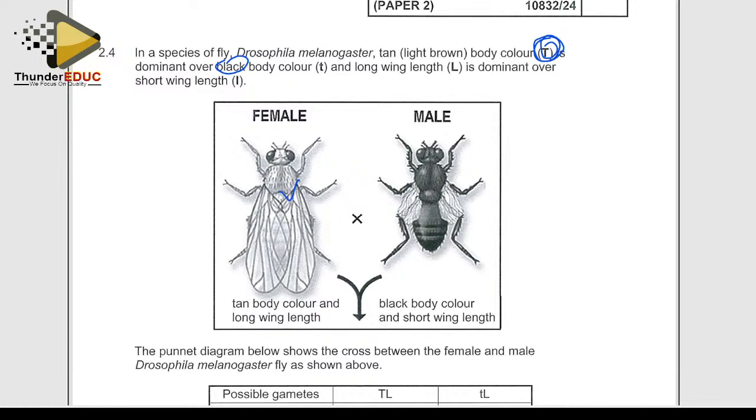So this one color is dominant over this, and then they're saying that long wing, capital L, is dominant over small l, and this is small t and small l.